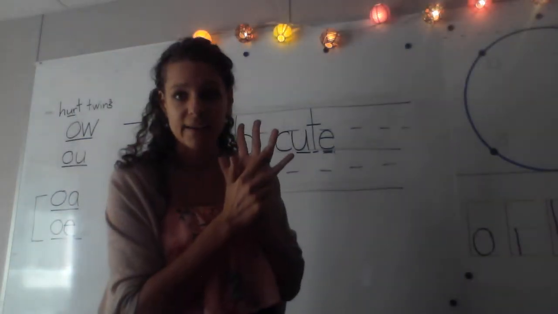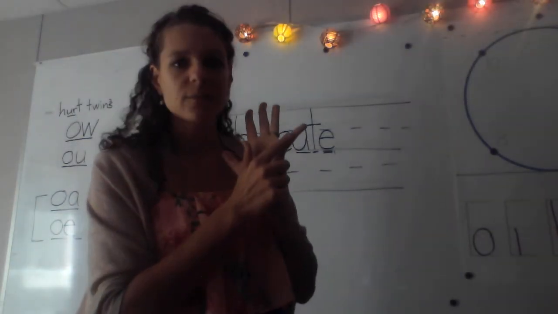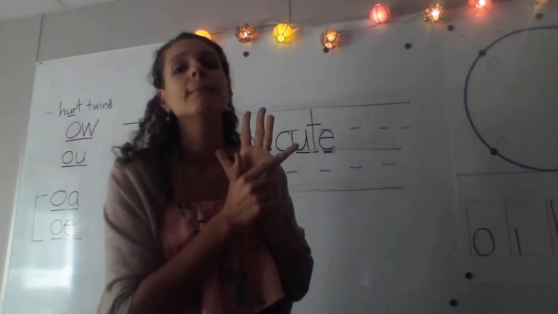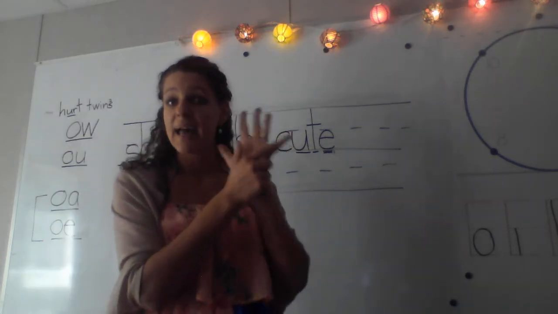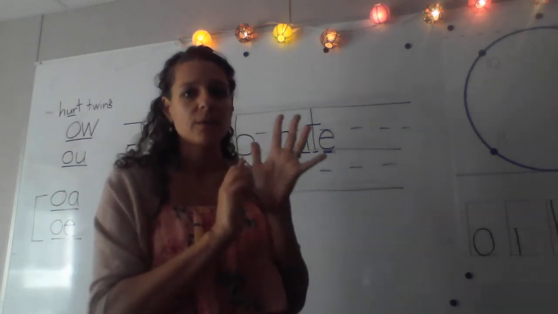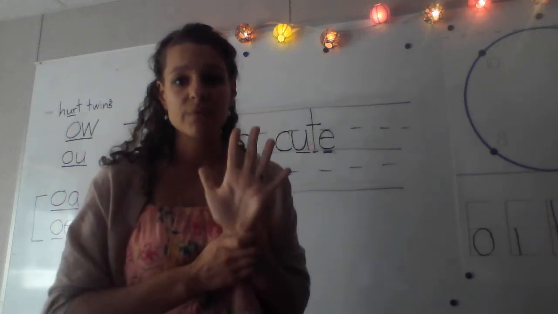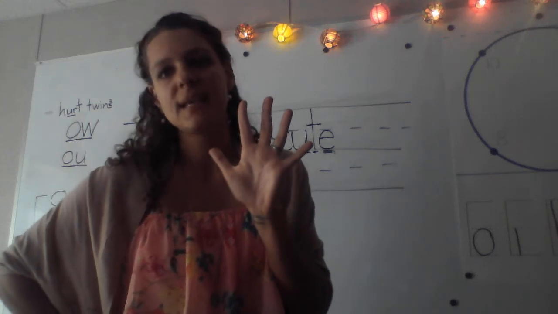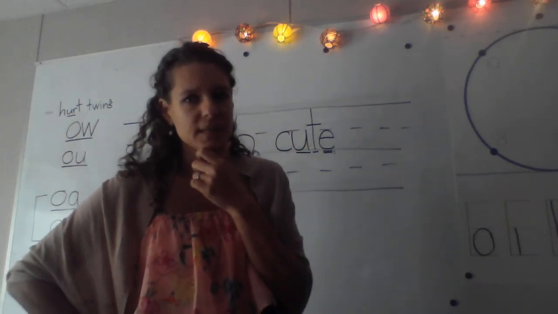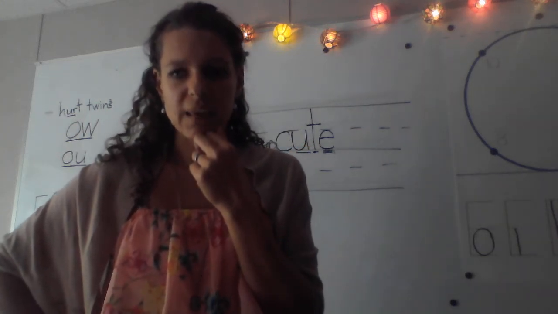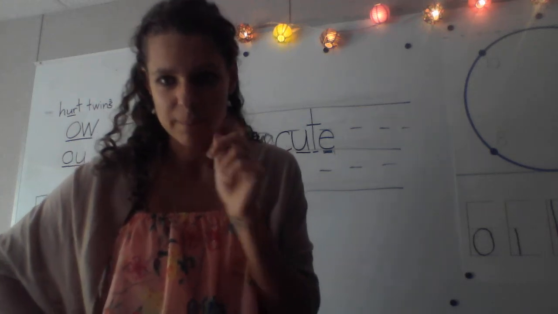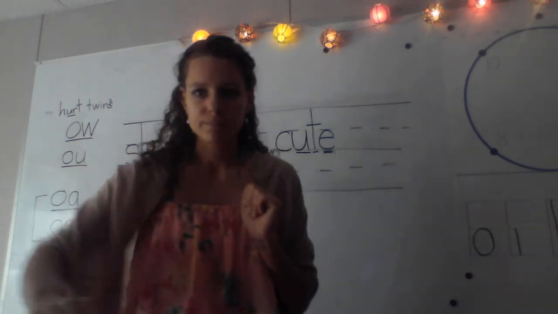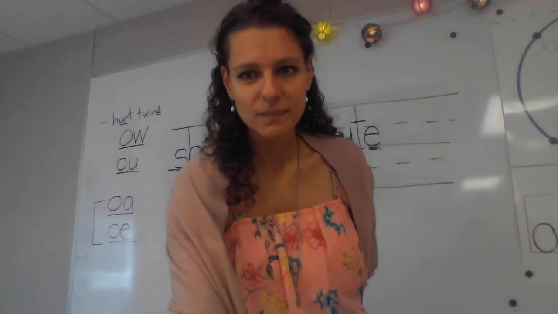A capital letter, excellent. And it has what at the end? Very good. It has an end mark. All right, so remember, use your hand after you've written the sentence to check it. I don't want to be seeing any papers that don't have a capital letter at the beginning or don't have an end mark.